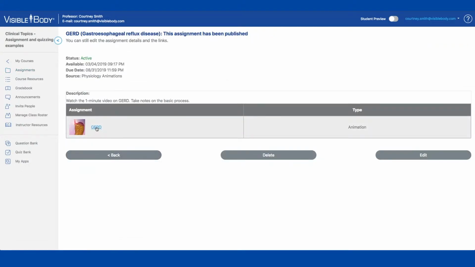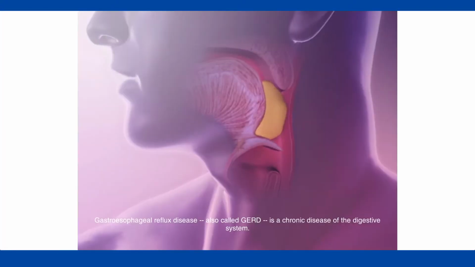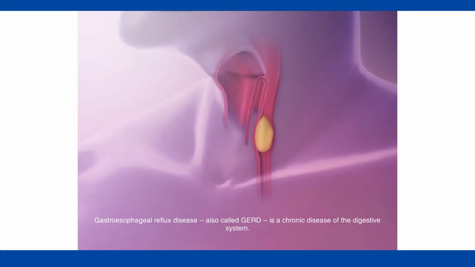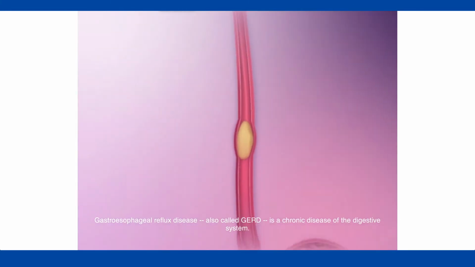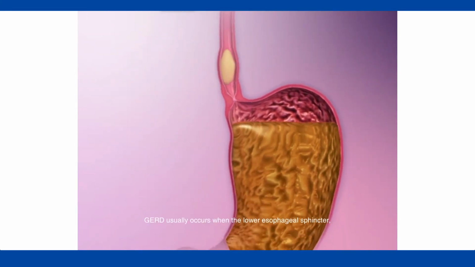So the Visible Body database has a lot of animations that do some heavy lifting in introducing a concept in a short amount of time. And here's a video introduction to the concept of GERD.